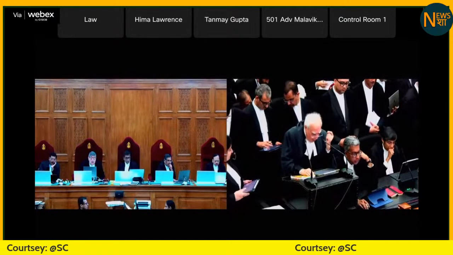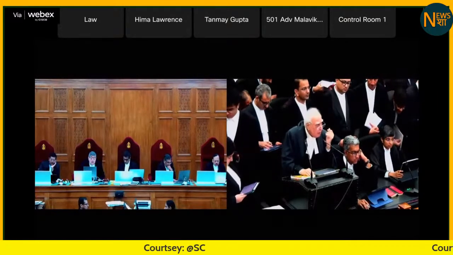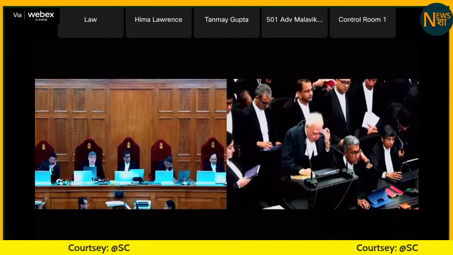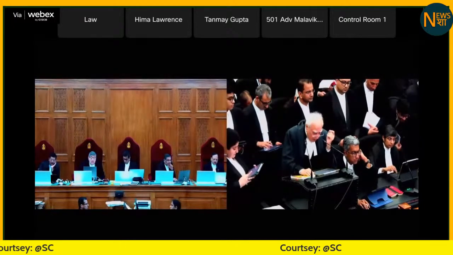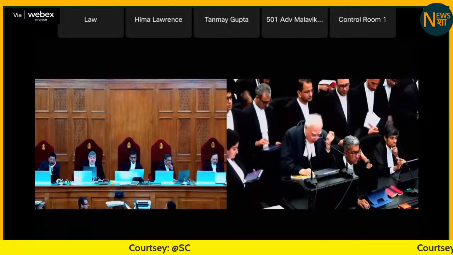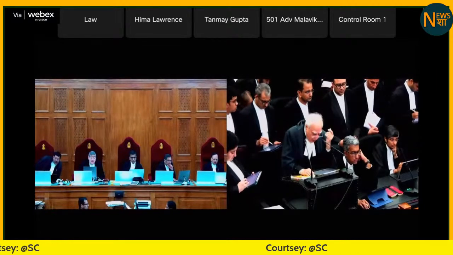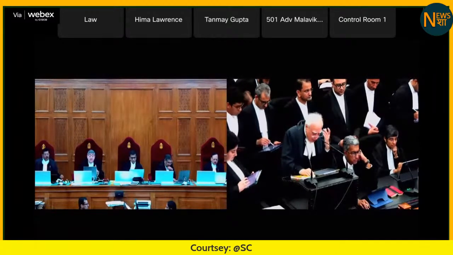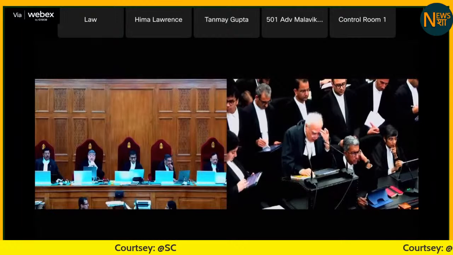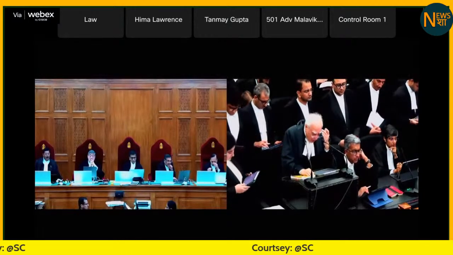An amendment of this Constitution shall be initiated only by the introduction of a bill for the purpose in the Legislative Assembly. And when the bill is passed in each house by a majority of not less than 2/3 of the total membership of that house, it shall be presented to the governor for his assent. And upon such assent being given to the bill, the Constitution shall stand amended in accordance with the terms of the bill.